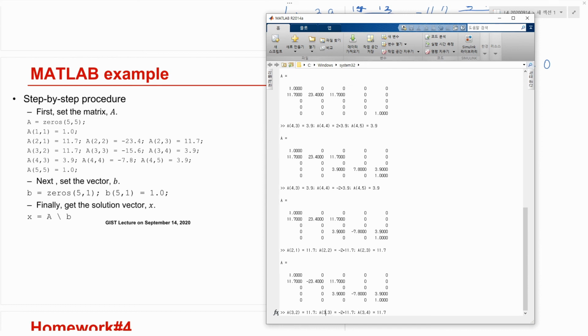In this case, now we have 11.7 for the silicon area and here 3.9 for the silicon dioxide layer, and at the center position, the sum of 11.7 plus 3.9. Okay, now we have completed the construction of matrix A.